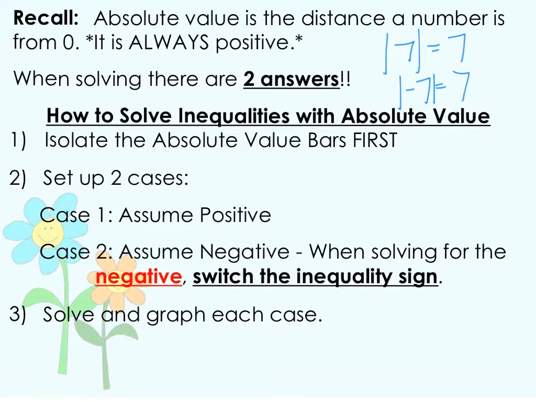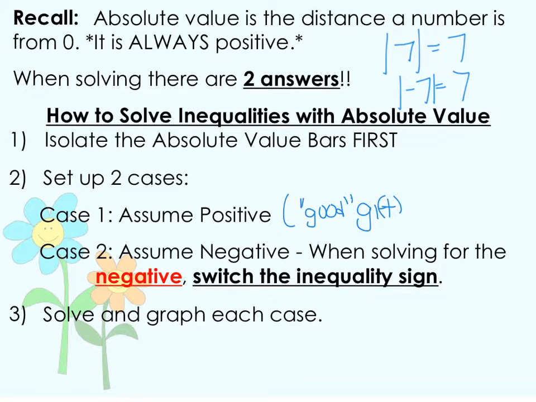And in step 2, we're going to set up two cases. Case 1, we assume that it's a positive. This is our good gift that we want. Okay? So we're going to assume the number's a positive, solve, and go from there.